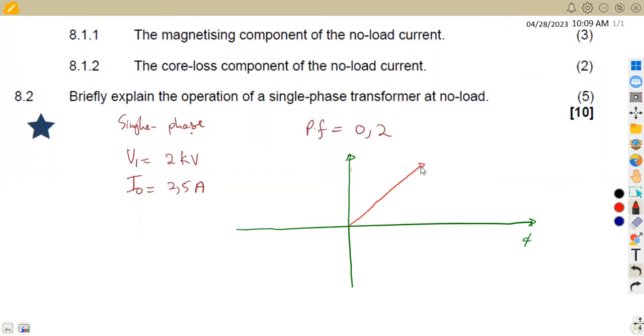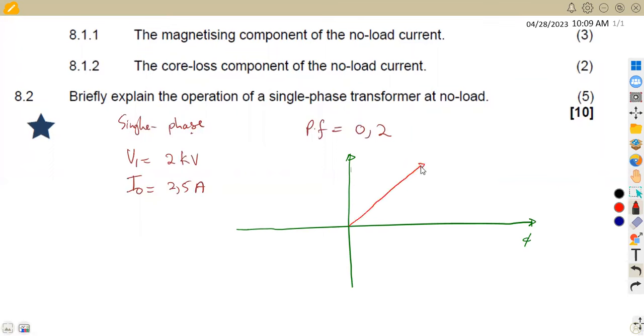So this is your no load current, and we are given the angle, which is from the power factor. From the power factor, we are going to have this angle here between the vertical and the no load current. This is our angle theta from the power factor, because remember that the power factor is equivalent to the cos of theta.